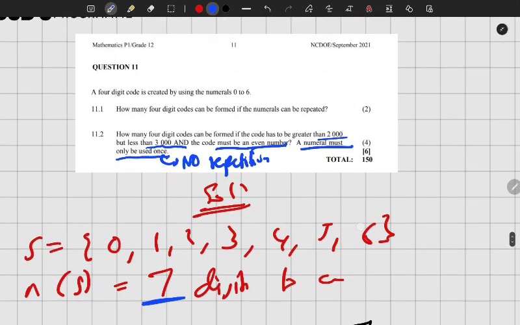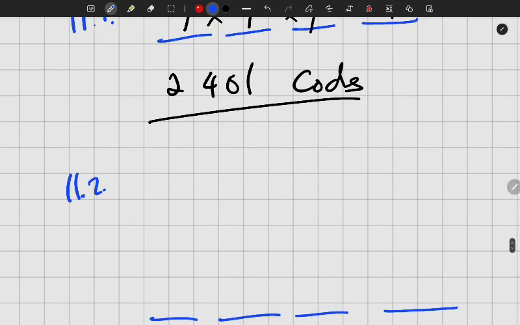Let's break down what they are saying to us. The code must be greater than 2000 but less than 3000. That is condition 1.